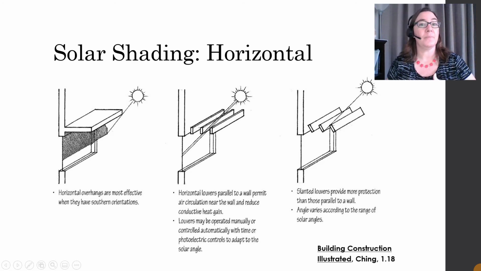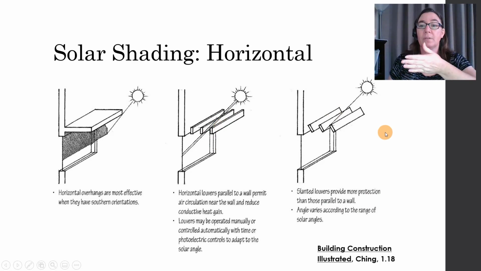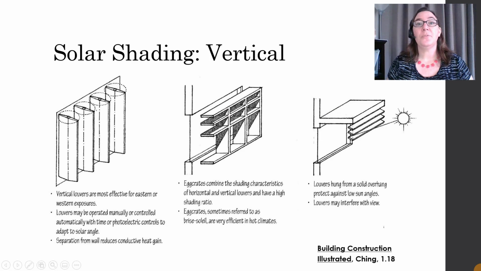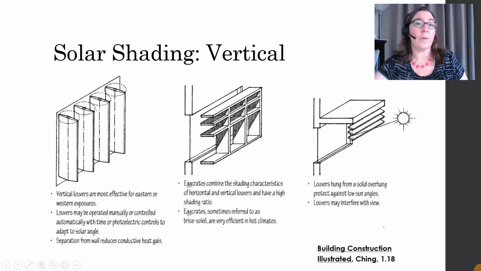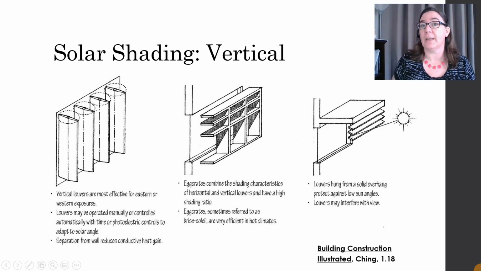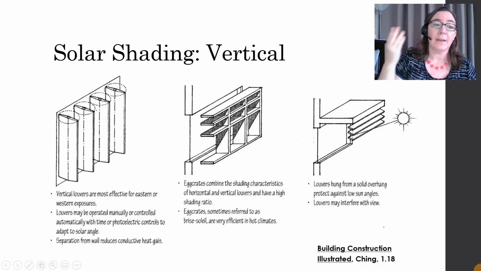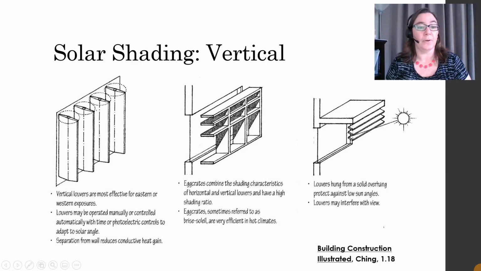You can do some variations on this horizontal overhang by adding or using louvers, either just vertical or slanted. As we move to the east and west sides of a building, the horizontal overhangs don't help as much because you're getting low angle sun in the early morning and late afternoon hours. And so you end up using vertical louvers.